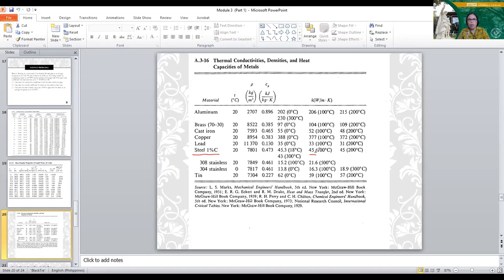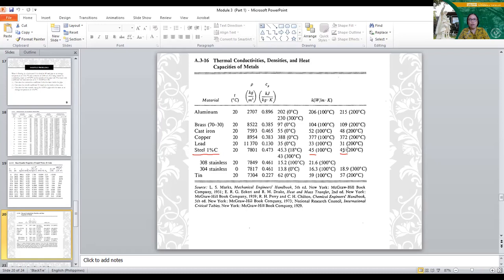Actually, even if it's on a different temperature range, it's still 45. This one is for 100 degrees Celsius, and this one is for 200 degrees Celsius. This 43 is for 300, and this one is for 18 degrees Celsius. So we can use the 45 value for the thermal conductivity.